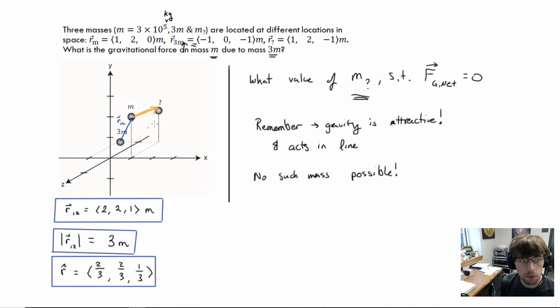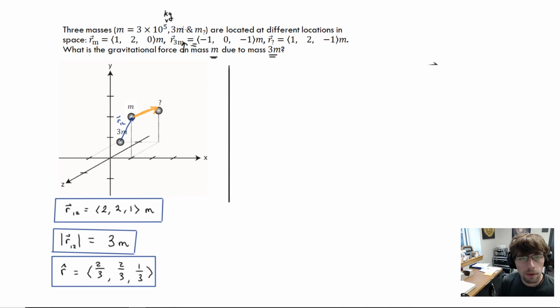There's no possible way to actually do it. Okay. So we already know the answer. In fact, take a minute. Why don't you take a minute, just pause the video, see if you can come up with that. Show that the r hat vectors are not in the same direction.